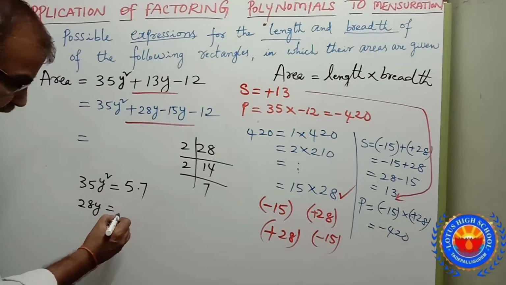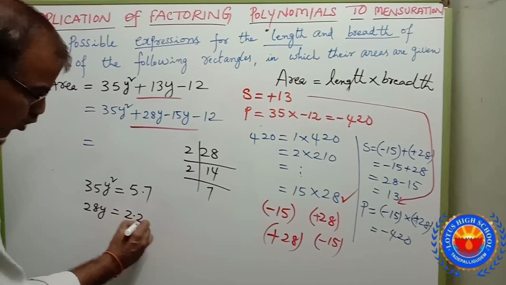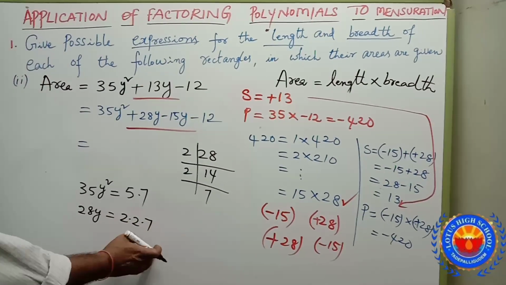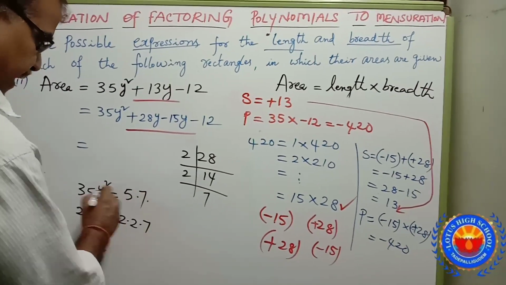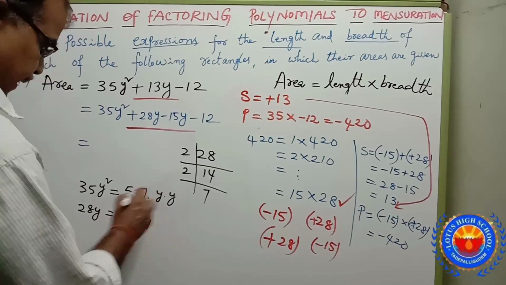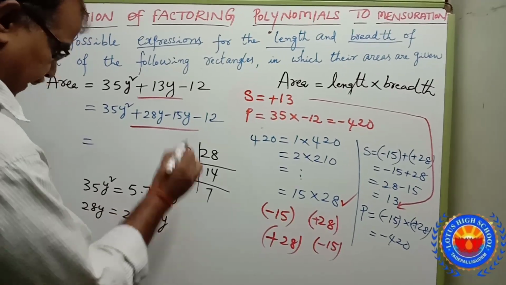That's why we can write 2 into 7, normally 7 4s are 28. y square is nothing but y into y, here only one y.